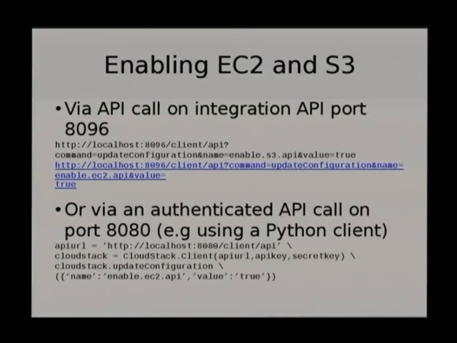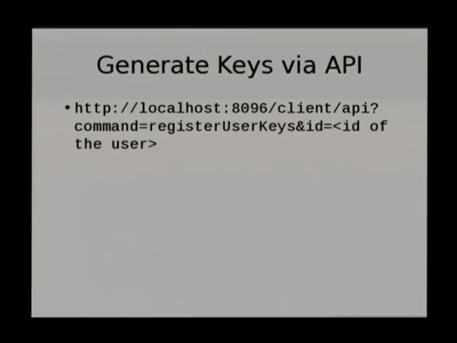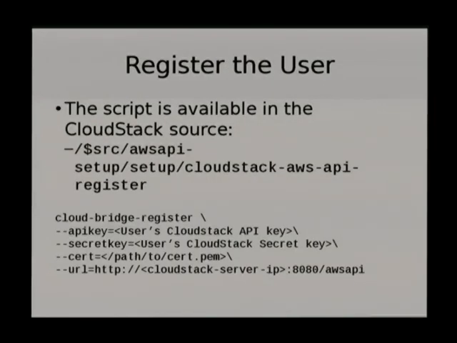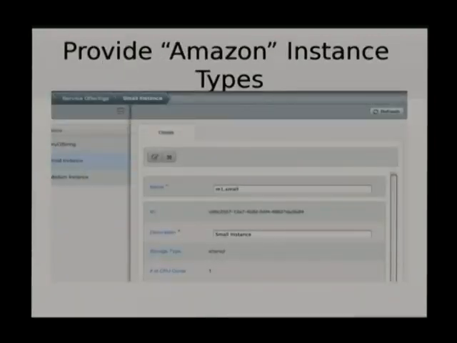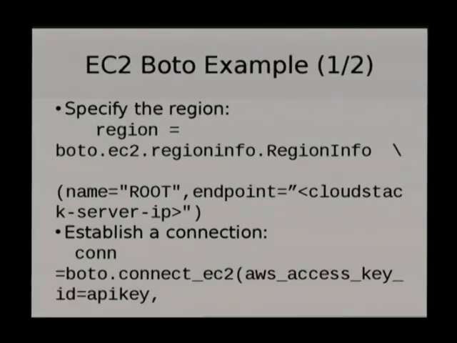Generate your keys via the GUI or the API, register your user, and provide the Amazon instance types, so you want an instance type that matches the Amazon offerings, like m1.small. Set up your shell environment. You can use Boto with this.